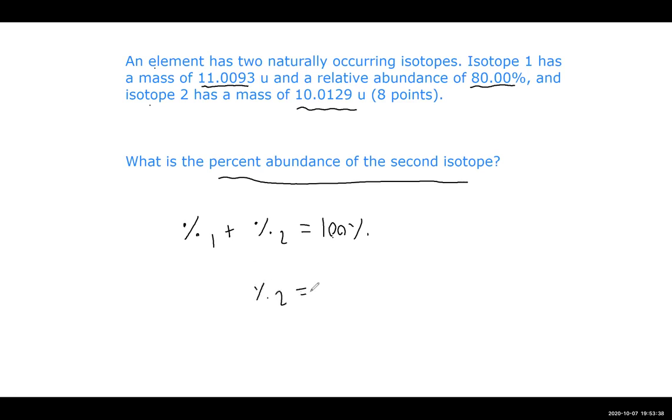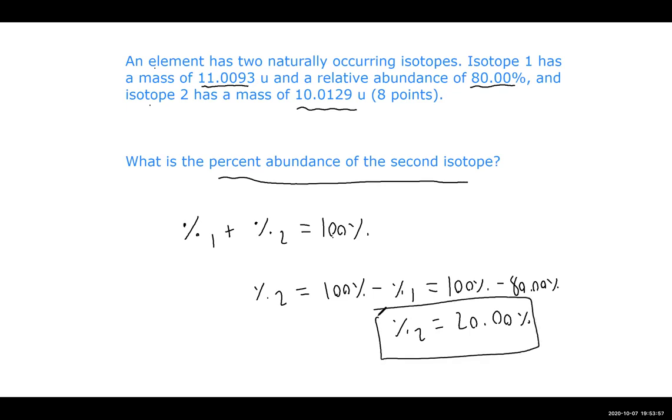Ergo, the percent abundance of isotope 2 would be 100% minus 80.00%, which gives us 20.00%. Does this make sense to everyone?